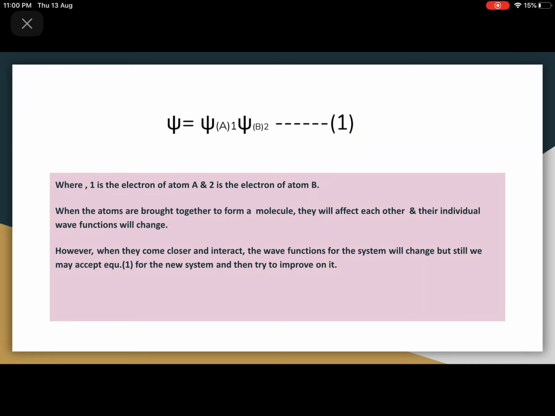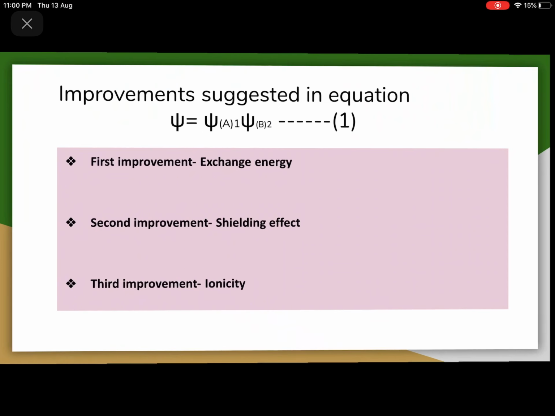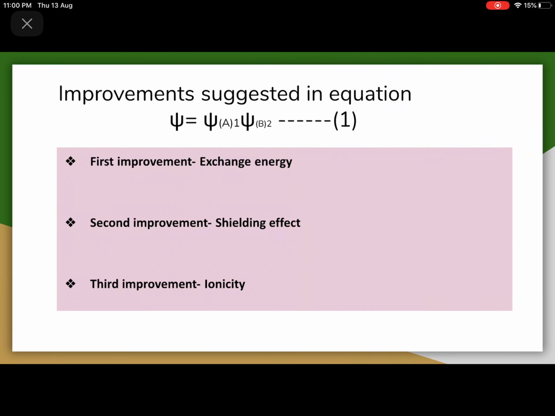There are 3 improvements suggested for equation 1, that is psi is equal to psi A1 times psi B2. First improvement, exchange energy. Second improvement, shielding effect. And third improvement, ionicity.